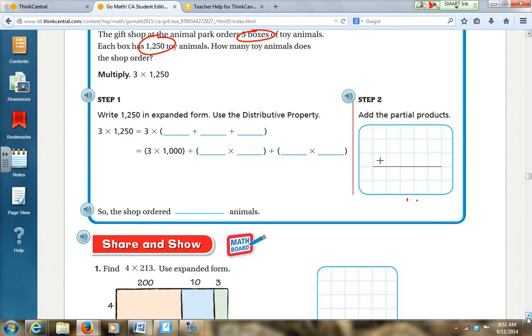What is my distribution? I have 3 times. No. What is the first thing I do? What's my biggest place value? Jessica. 3 times what? No? How do you do expanded form?